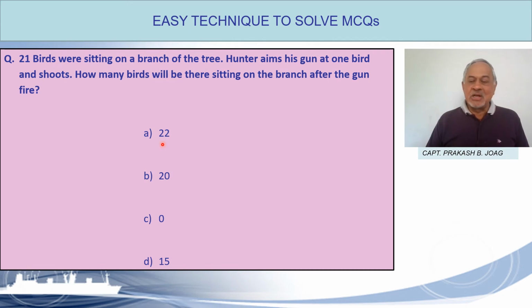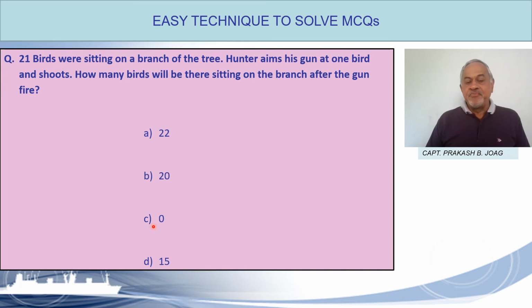Okay, now B. Can 20 be the correct answer? Yes, some students may say yes, because one bird may be shot by the hunter, and that's why one bird is gone and the remaining birds are sitting on the branch. So that is 20. We will keep this option open for our further thinking.